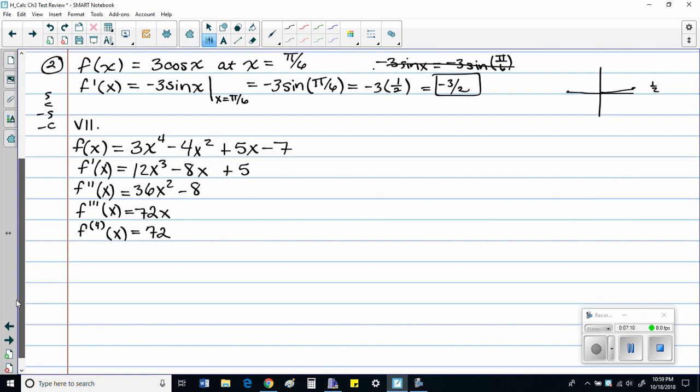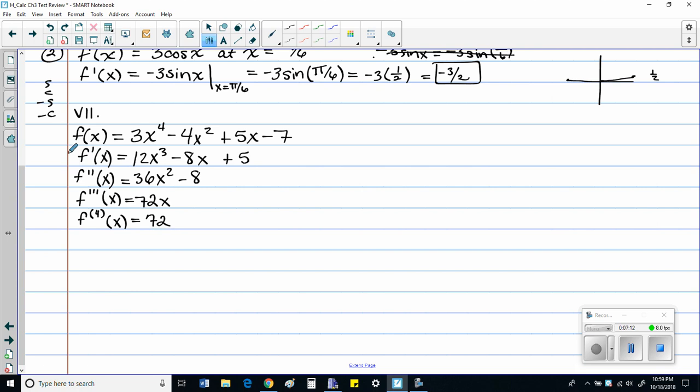Now, if you're talking about physics, this is the velocity. This is acceleration. Just a little FYI. This is called, one of them is called jerk. I think this one's jerk, and then this one's like pop.